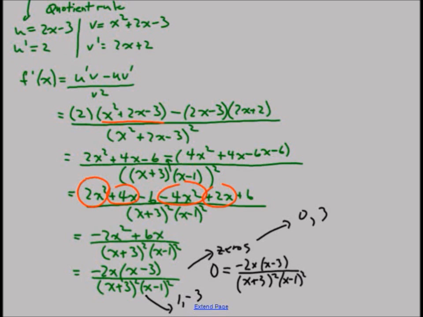So the sign diagram has 4 critical values. Negative 3 is an asymptote. 0 is a 0. 1 is an asymptote. And 3 is a 0.